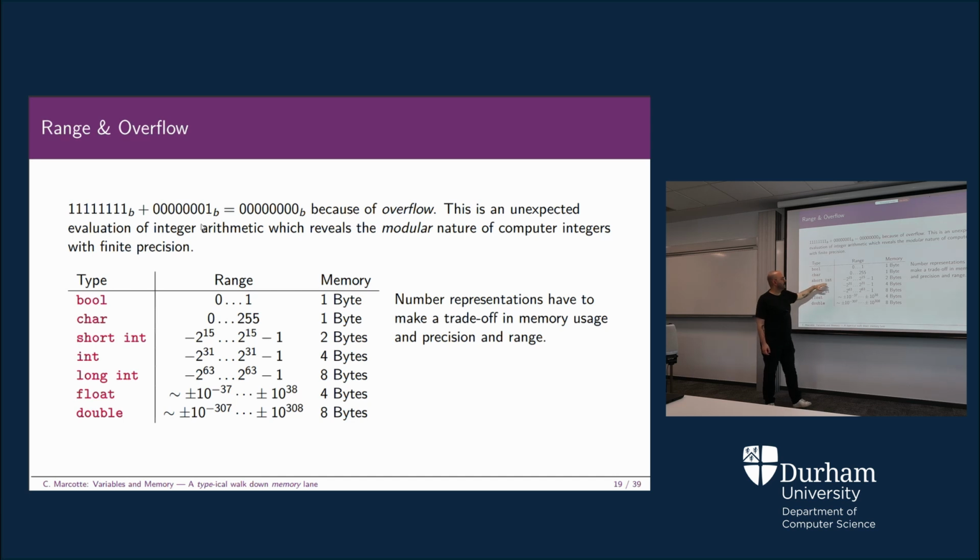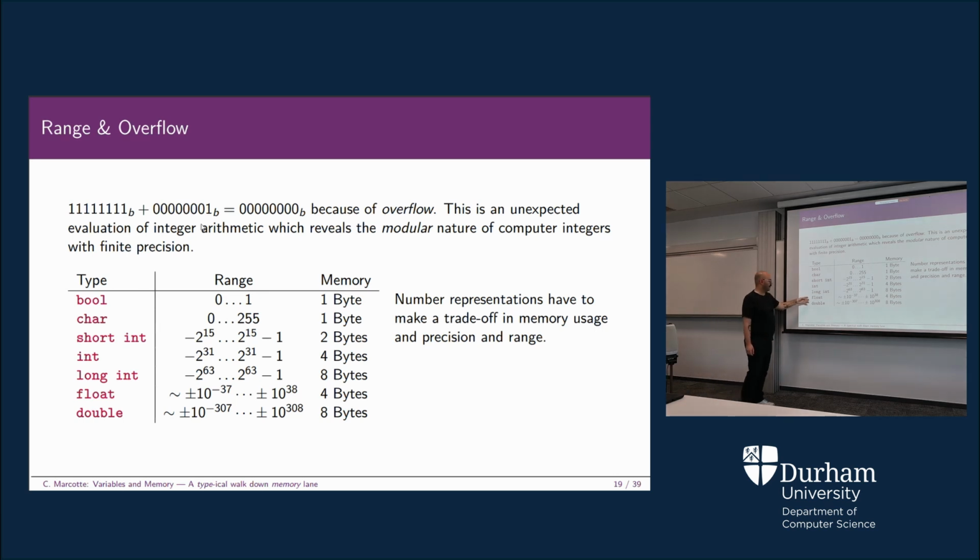A character is 0 to 255. That's 1 byte. A short int goes from minus 2 to the 15th to 2 to the 15th minus 1. That's 2 bytes. An int is 4 bytes and has a larger range. A long int is 8 bytes. It has a larger range. There's a float, which is 4 bytes and has a truly massive range. And then a double, which has a truly exceptional range and uses 8 bytes.